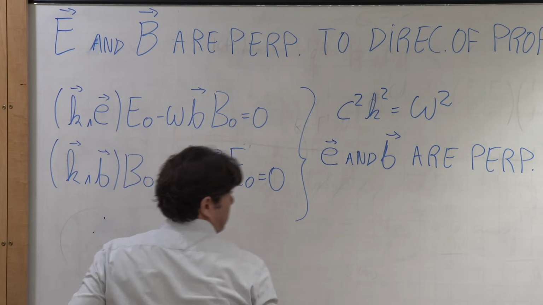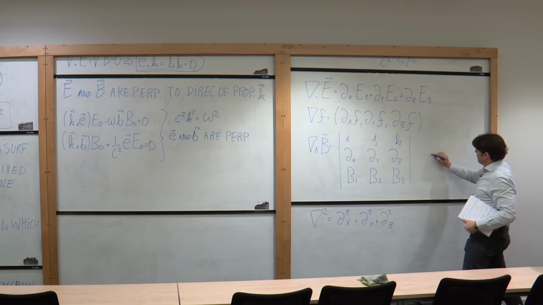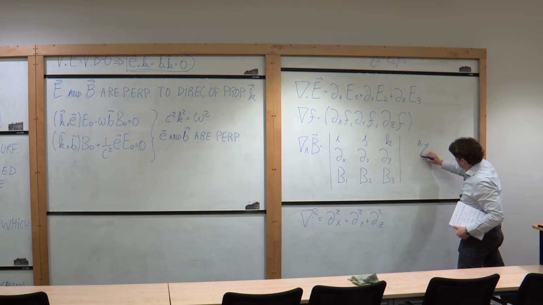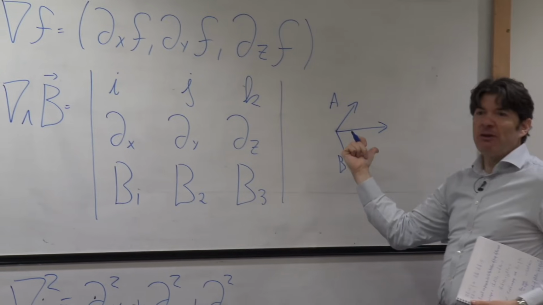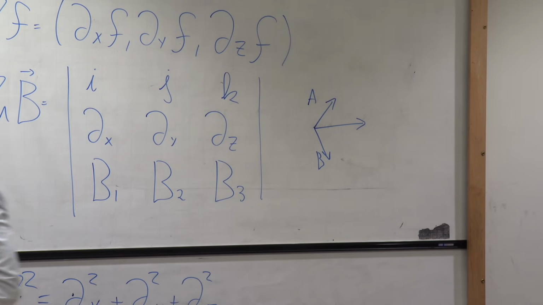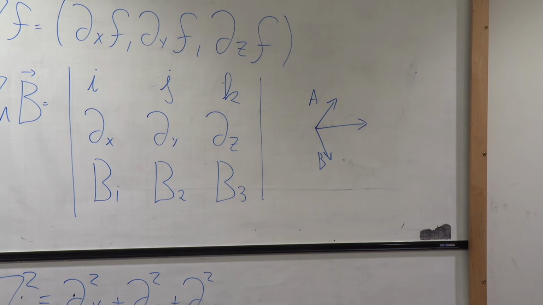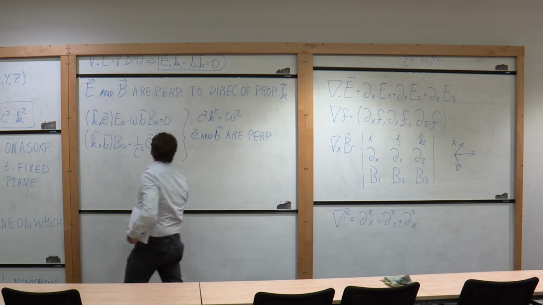It's like if you have a vector A and a vector B, the wedge product always points in the perpendicular direction to both of them. Okay? So i, j, k, for instance, one is always the wedge product of the other two.